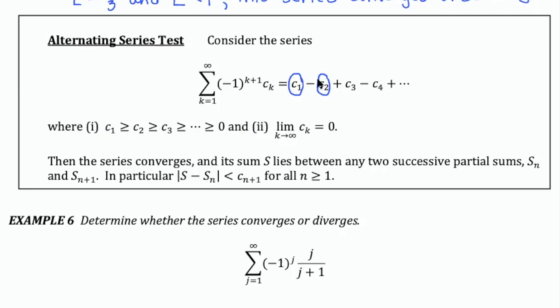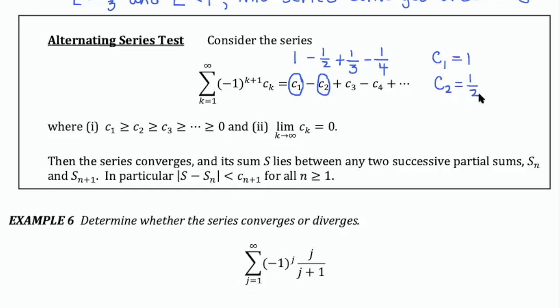So when we say C2, like for instance, if this was that alternating harmonic series that we started with, which looks like this, when I report my C1, I would say it's 1. And when I report my C2, it's what comes after that subtraction sign.